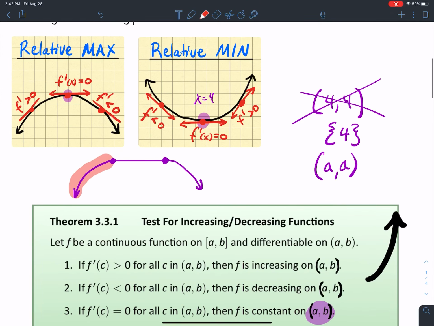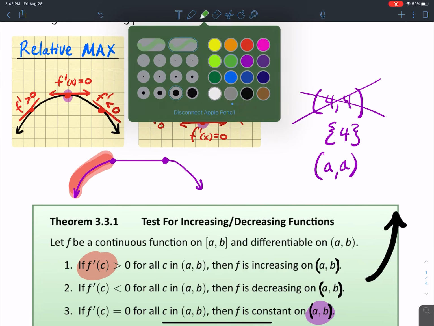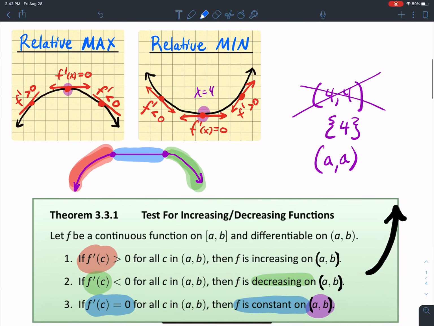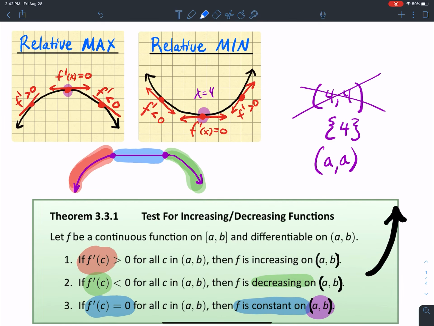So if the derivative is positive, we're increasing, okay? And then over here, my derivative is negative. The derivative is negative, we're decreasing, okay? And then last, if the derivative equals 0, like here, the derivative is horizontal, its slope of the tangent line is 0, then we have a constant function. So I just wanted to point that out to you.